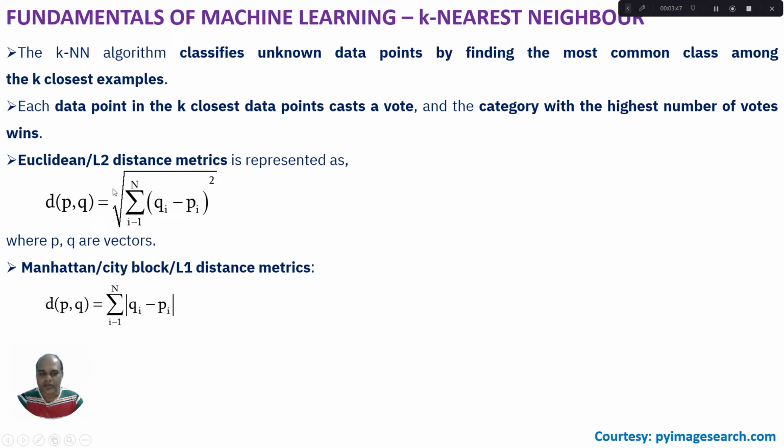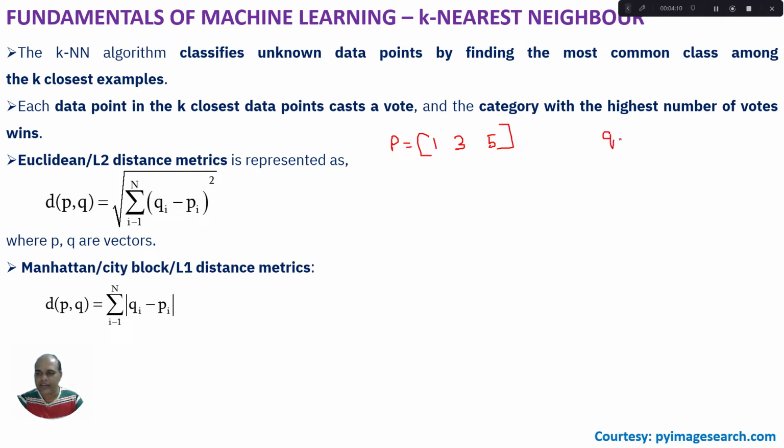Let us see an example of the Euclidean distance metric. Let us take two vectors. p equals 1, 3, 5. I just take a 3-dimensional vector, which means I have 3 elements in the p vector.